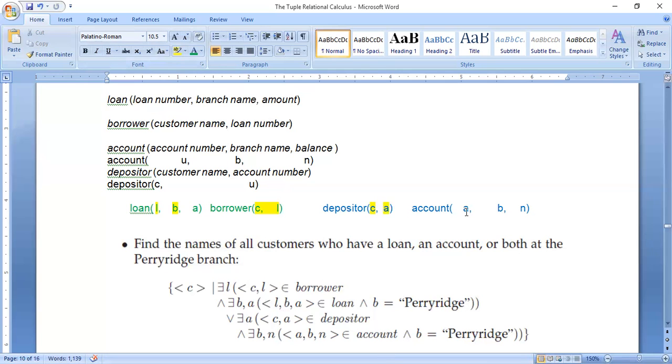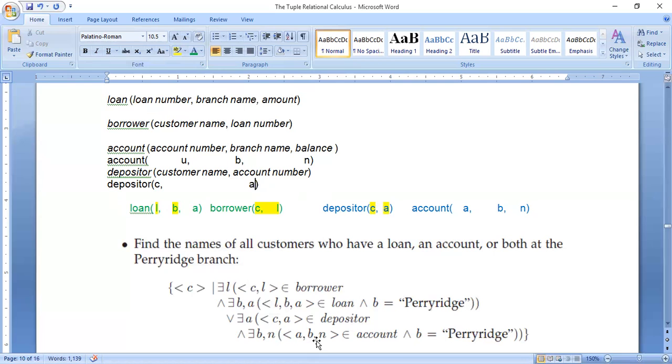So the account relation has the three attributes A, B and N, where B represents the branch name, and as we have already learned, branch name is represented by B. Out of these A, B and N, we have already used A, which is the account number in the depositor, but this A is different from the one we have already used.